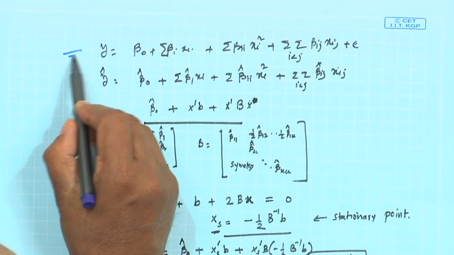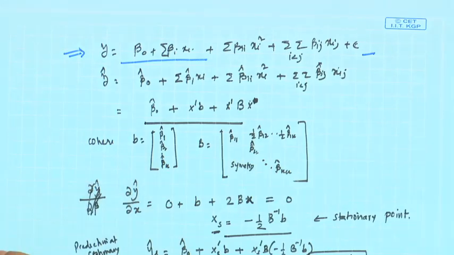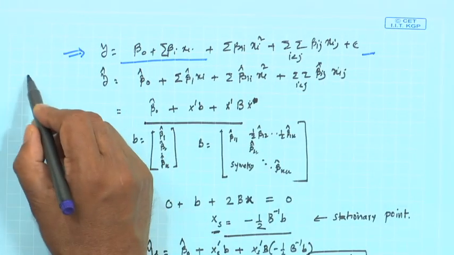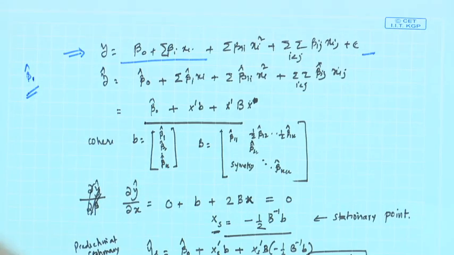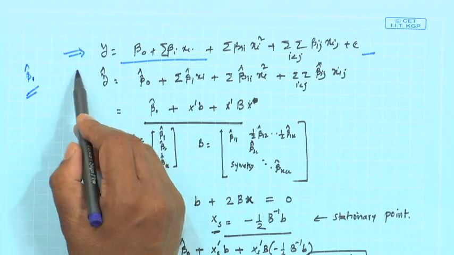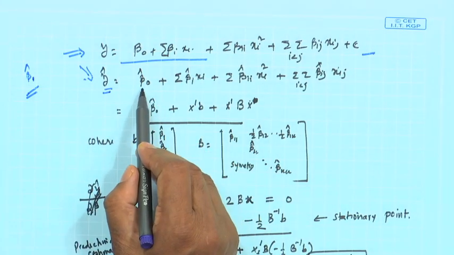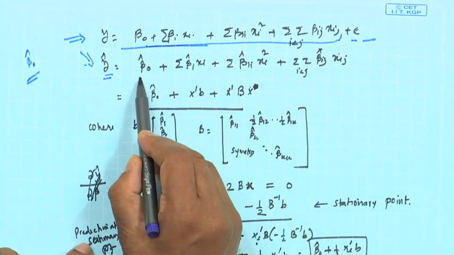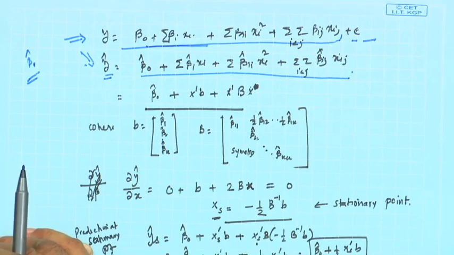This part is known to you now, second order equation. When you estimate the beta, then we write these all as beta cap or beta hat. So, then the fitted value is y hat. So, y hat will be this portion except the error term. So, this is what is y hat. Okay.